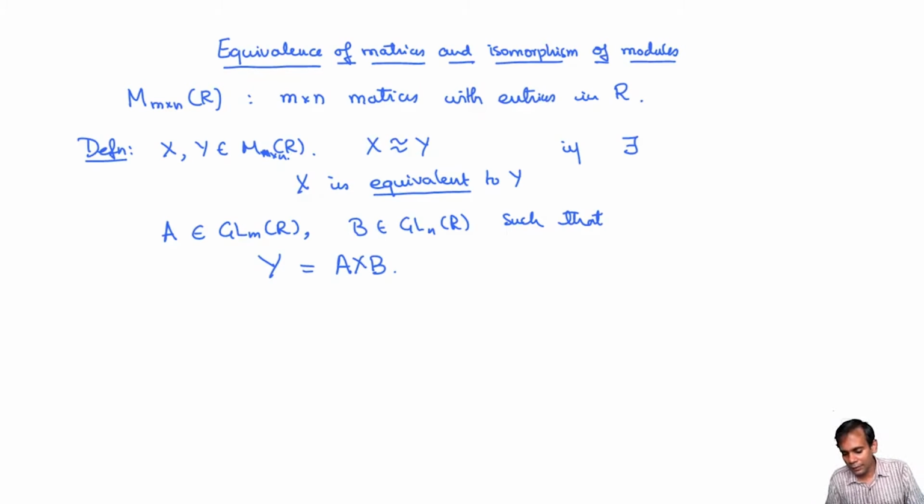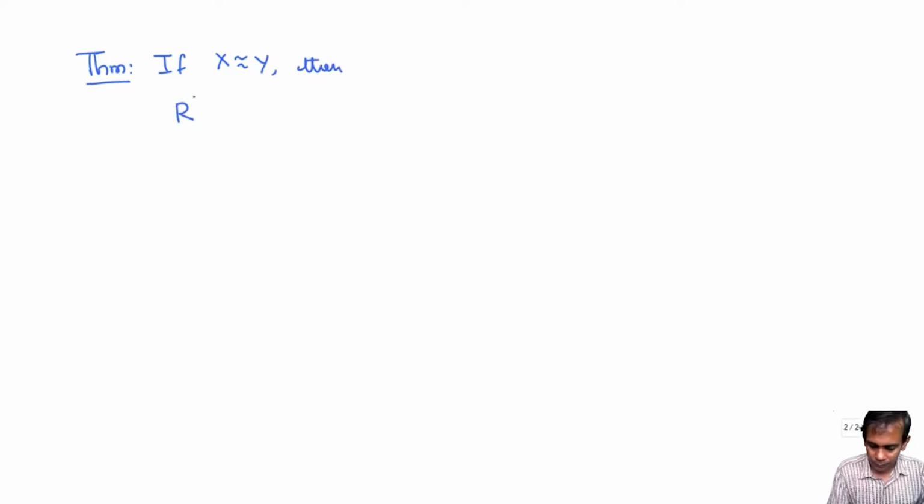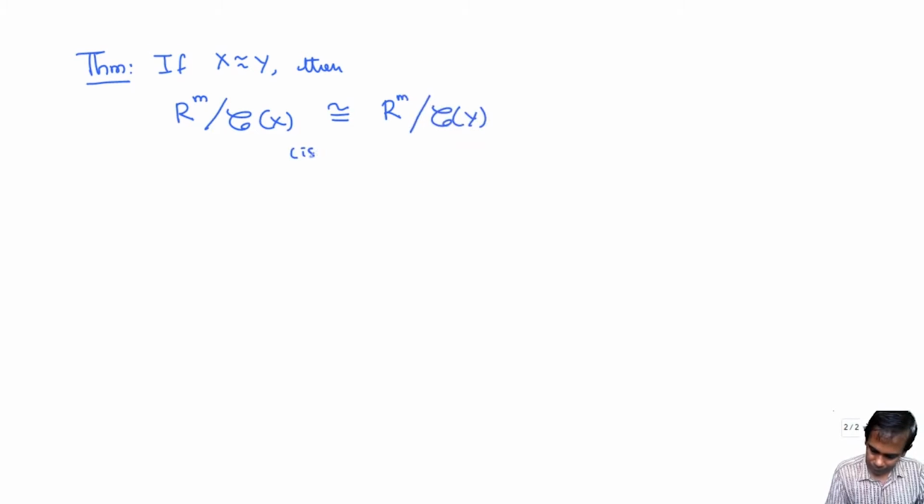So the relevance of equivalence of matrices to the study of modules comes from the following theorem. If X is equivalent to Y, then you can look at the module R^m mod the column space of X. This is going to be isomorphic to R^m mod the column space of Y, an isomorphism of R-modules.